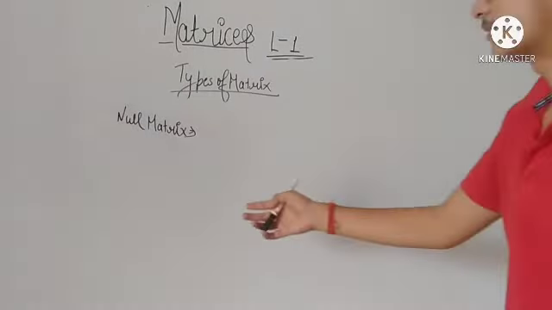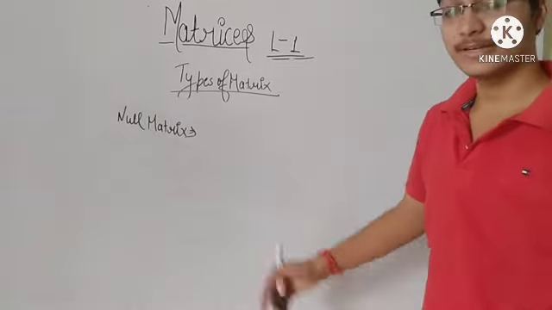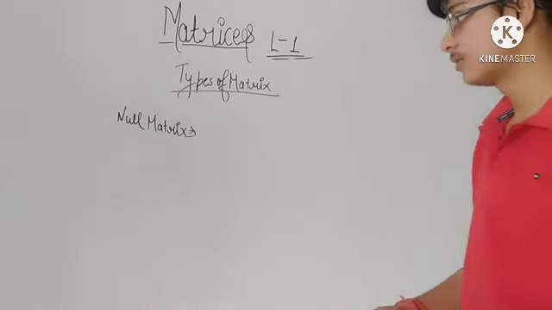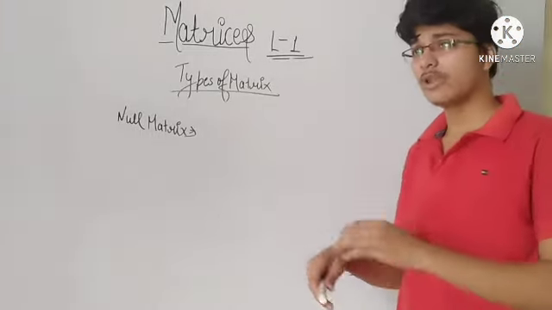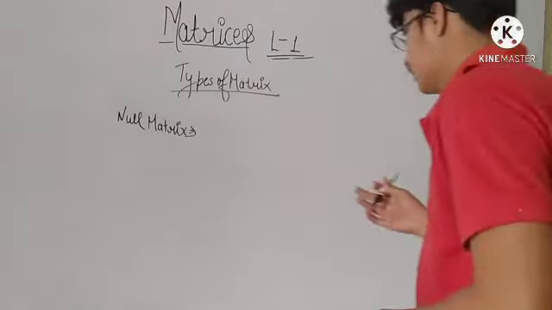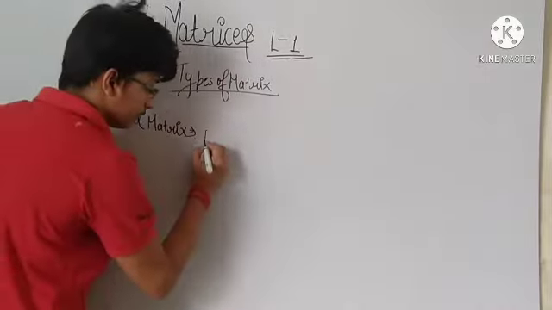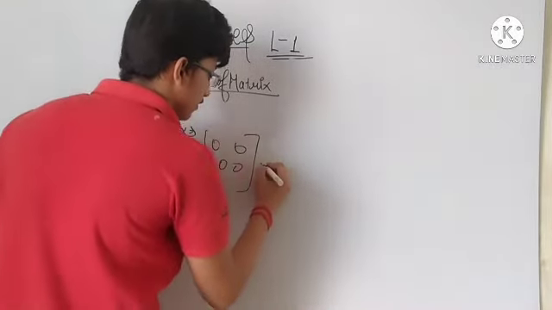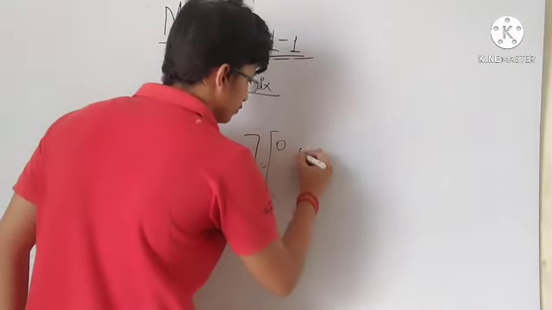So what is a null matrix? A square matrix having all elements 0, whether on the diagonal or elsewhere, is called a null matrix. For example, 0 0 0, 0 0 0, 0 0 0.